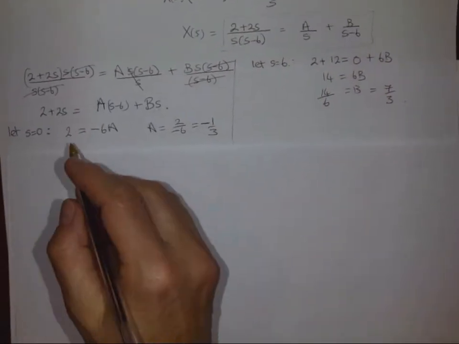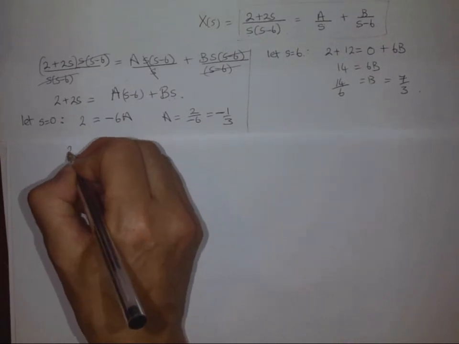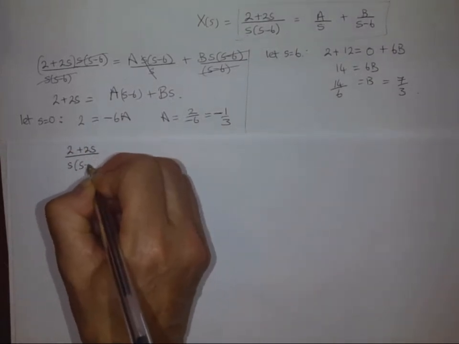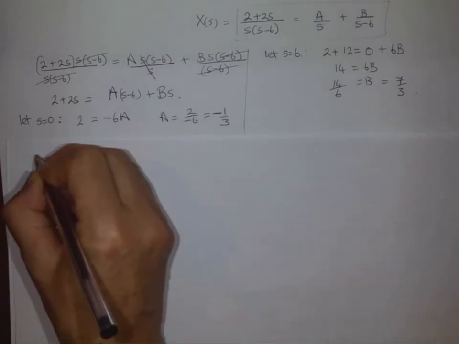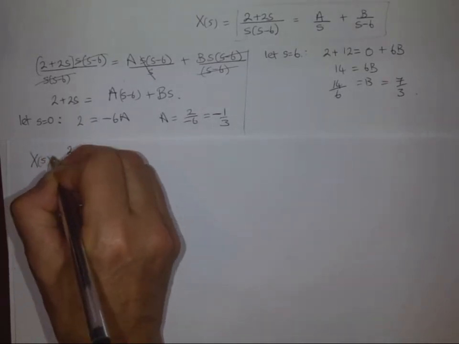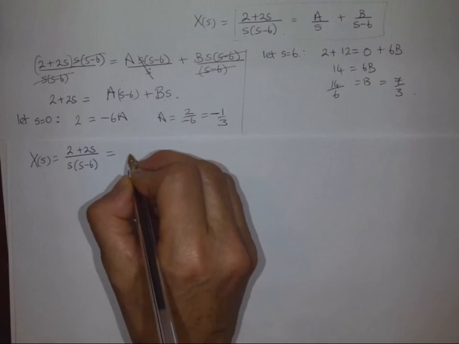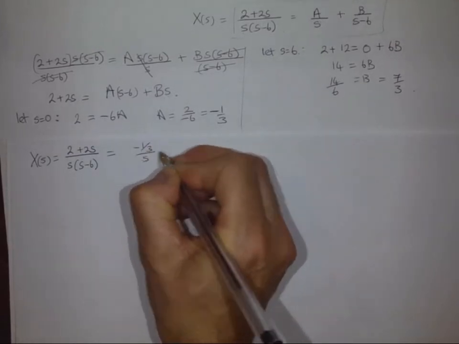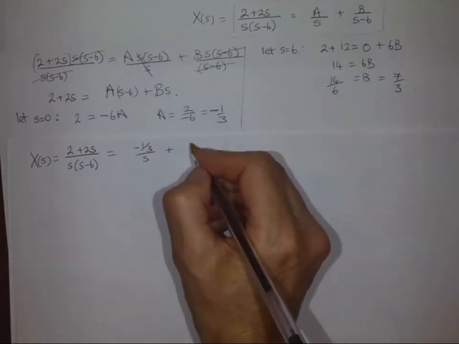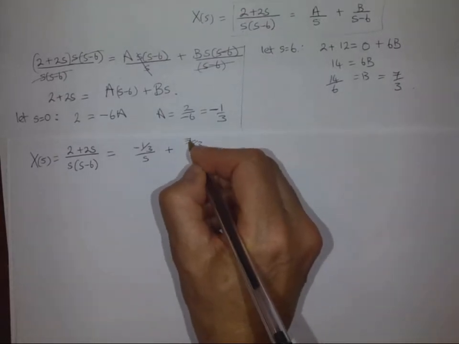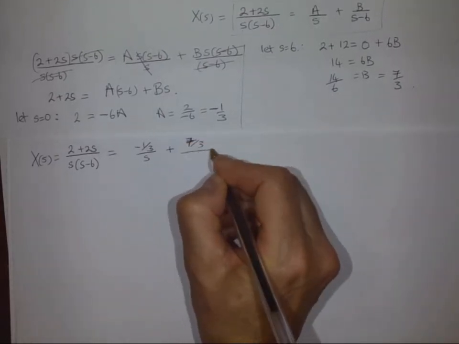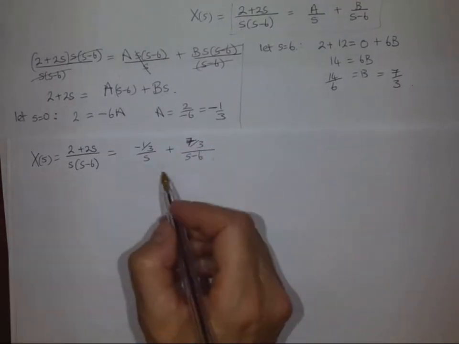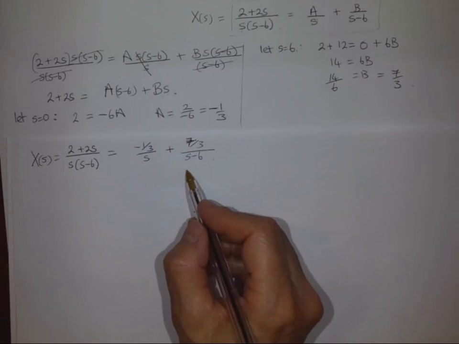So we now have that (2 plus 2s) over s on (s minus 6), which is equal to X of s, is now equal to a, minus 1/3, over s, plus b, 7 over 3, over (s minus 6). And now we have it in a stage that we can use the transform tables.